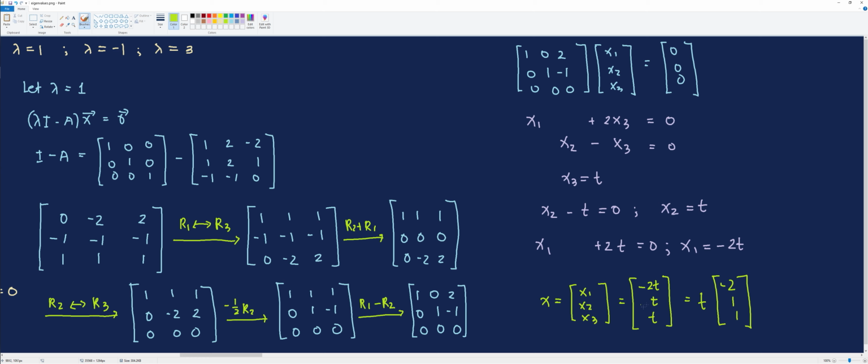And therefore, the eigenvectors corresponding to the eigenvalue positive 1 are the non-zero scalar multiples of negative 2, 1, and 1. You may use the same method to solve for the eigenvectors associated with lambda equal to negative 1 and lambda equal to positive 3.